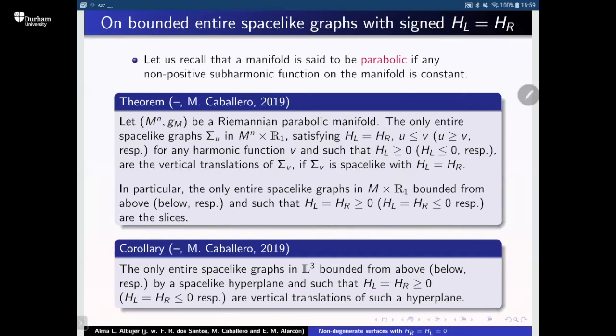We proved as a corollary of this theorem that the only entire spacelike graphs in the Lorentz-Minkowski space bounded from above or from below by a spacelike hyperplane and such that both mean curvature functions are the same and greater or equal than 0 are vertical translations of such a hyperplane. So under these assumptions, we can get a kind of rigidity result for these surfaces.